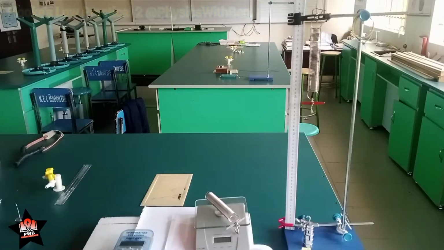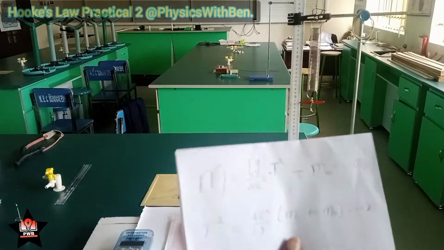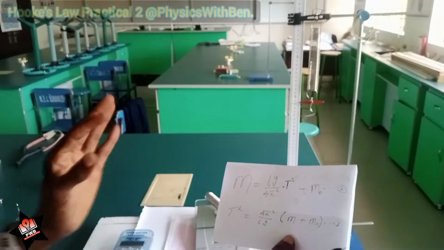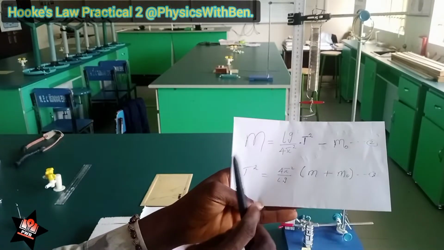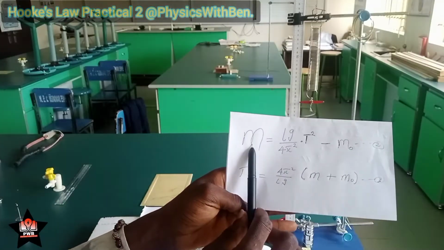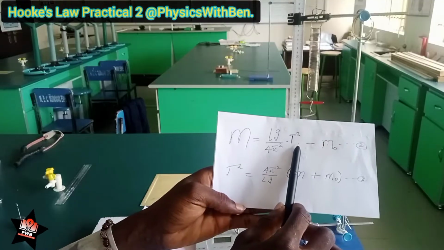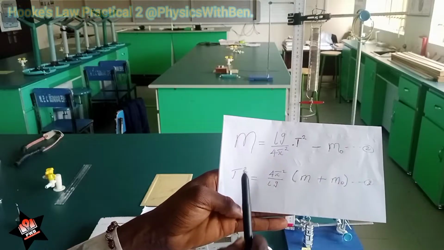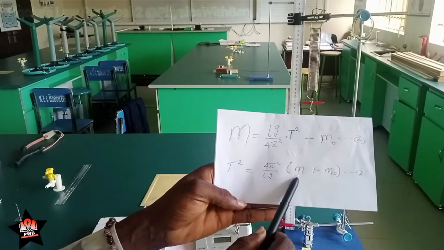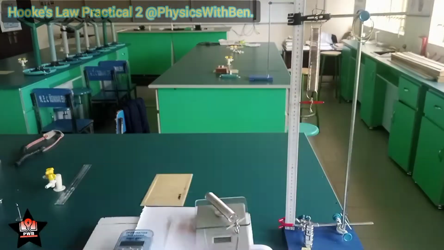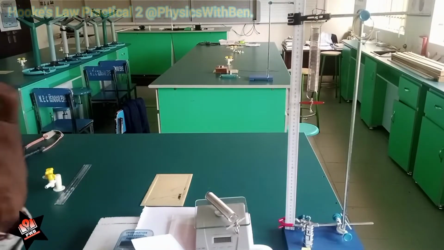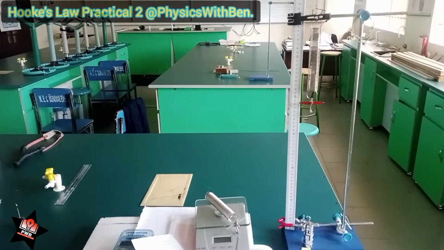And then we are going to verify this equation, but the equation we are working with is not actually this one, but the WAEC examiner structured it to be this way. Here is the graph of m against T squared, but here is the graph of T squared against m. You see that? So without wasting more time, let's go straight to the business of today.